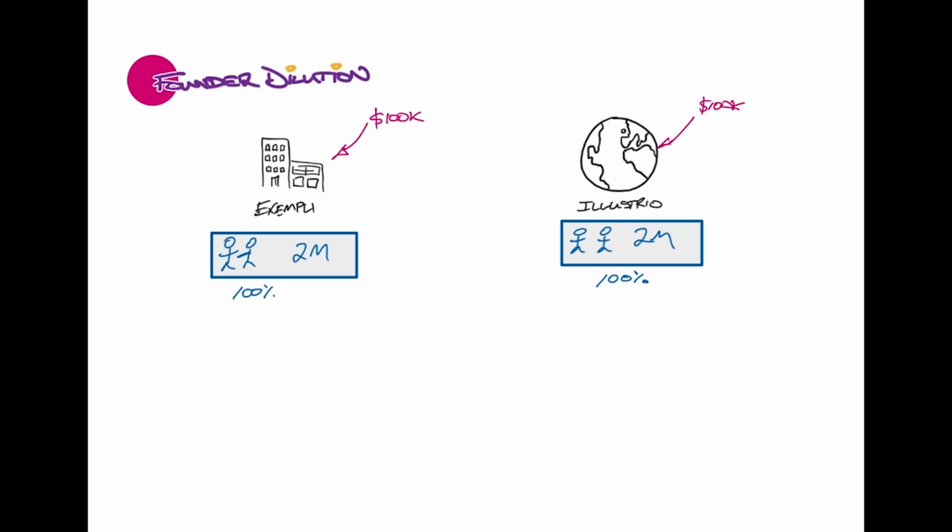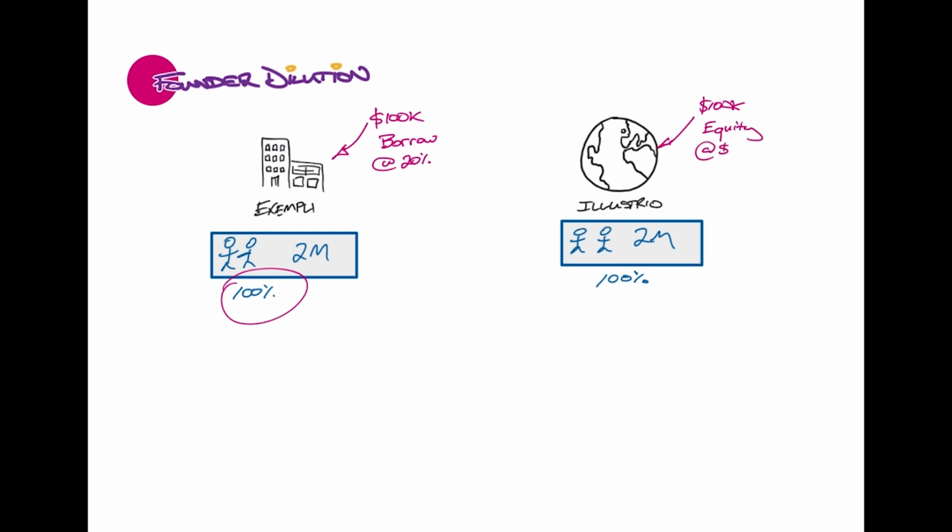Now, Exempli's founders decide that they will borrow the money at a simple interest rate of 20% per year. So they keep 100% of the company, but they have to pay 20% per year in interest and repay the principal.